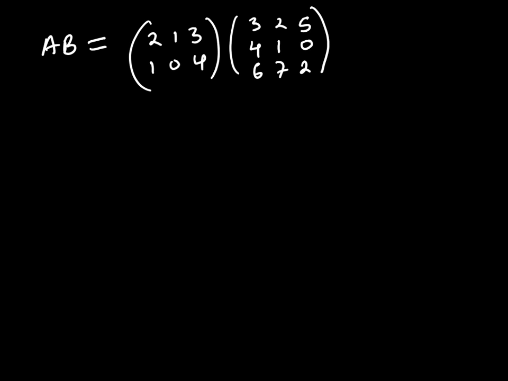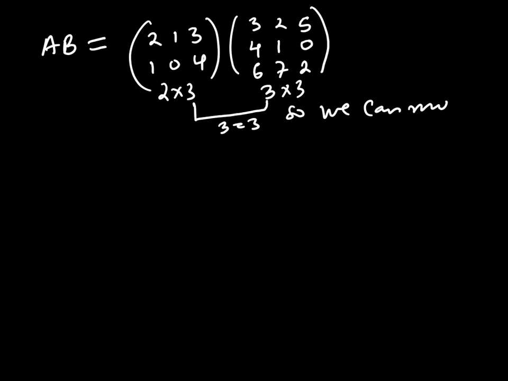Now this is a 2 by 3, and this is a 3 by 3. These two are the same, 3 equals 3, so we can multiply. Now that is a compatibility test, and we have tested that the two matrices can be multiplied because the number of columns of the first is equal to the number of rows of the second.